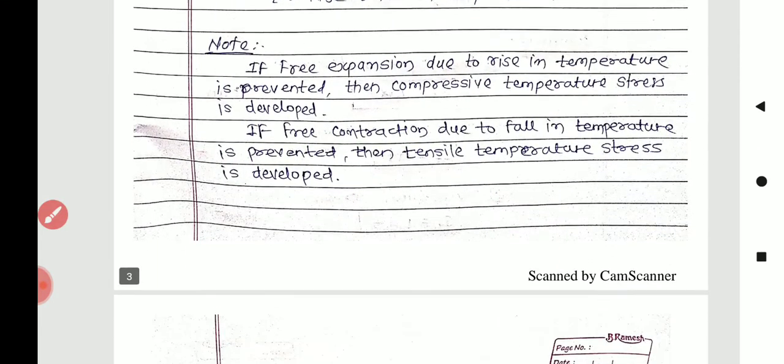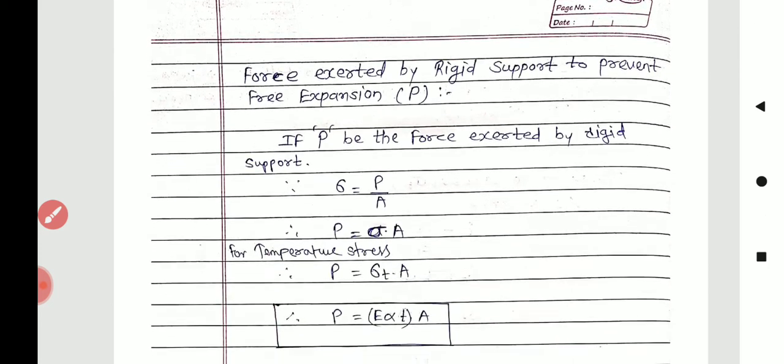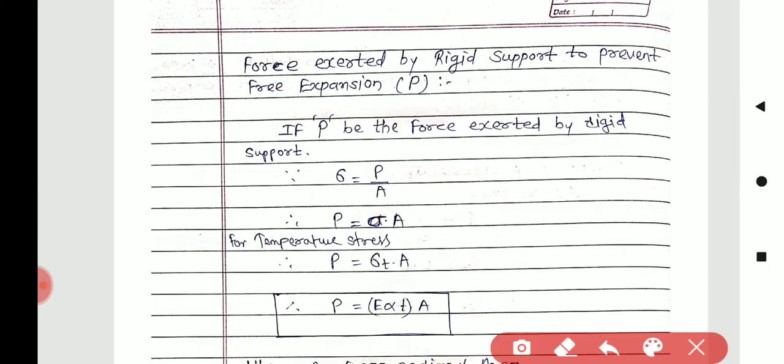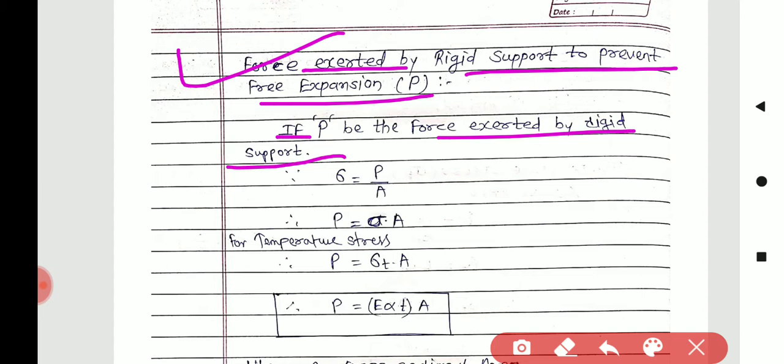Okay, now next case: how to find the force exerted by the rigid support to prevent free expansion, that is, how much force will be required to prevent free expansion. In that case, consider capital P as the force exerted by the rigid support. We already know stress is equal to force upon area.